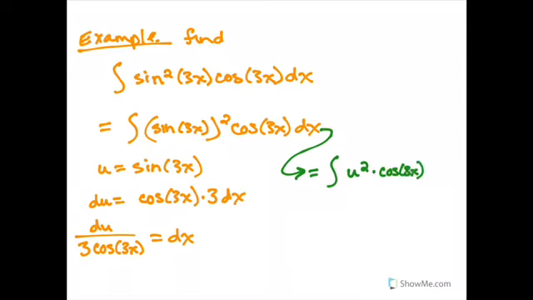We're going to replace the dx with du over 3 times cosine of 3x. So cosine of 3x divided by cosine of 3x goes to 1, and we'll have 1/3, because the du over 3 is the same thing as multiplying by 1/3, u squared du.